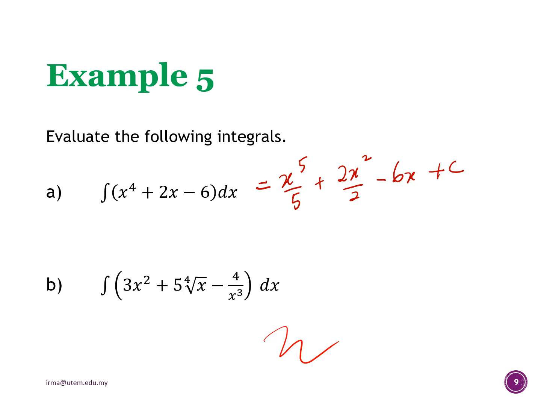Okay, so simplify. We get 1 over 5 x to the power of 5 plus x squared minus 6x plus c.